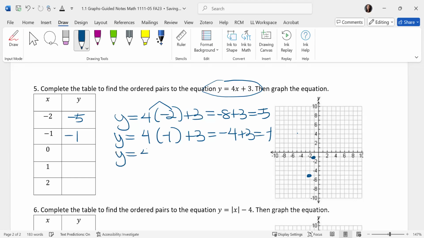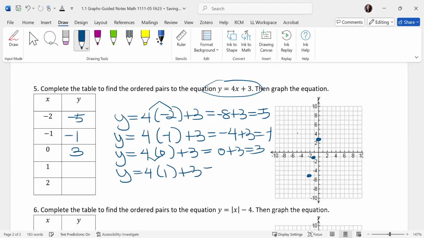Plug in 0 into the equation, y = 4 times 0 plus 3. And 4 times 0 is 0. So if we do 0 plus 3, that'll just give us 3. And (0, 3) is right there. We have y = 4 times 1 plus 3, which is 4 plus 3, which gives us 7. So (1, 7) is right there.